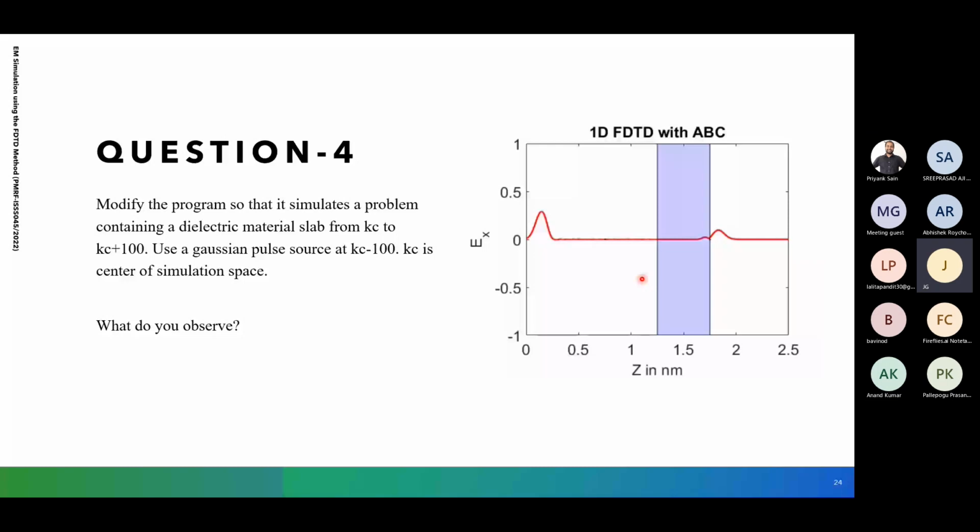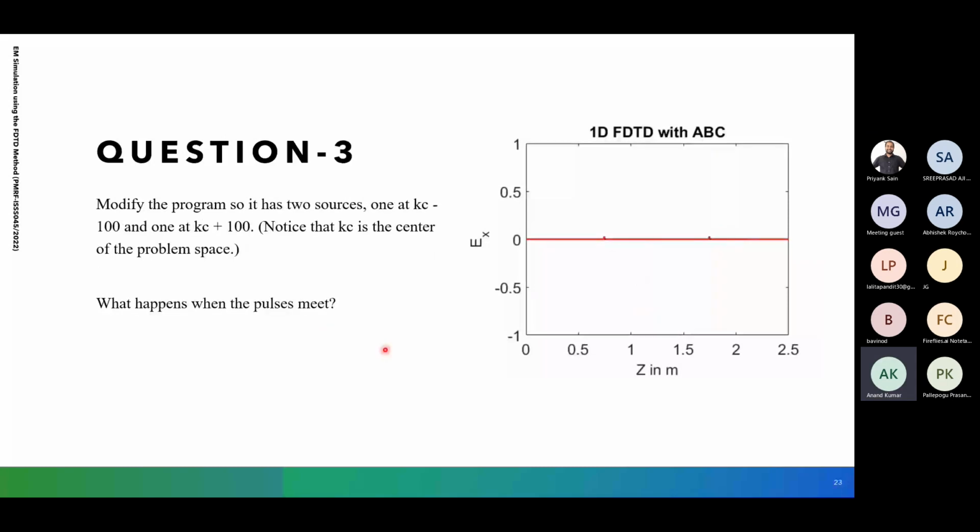So in one of my codes, I placed a Kc plus 20. Then the amplitude was extremely high, and I cannot see any pulse moving inside. I'll go back to my previous slide.